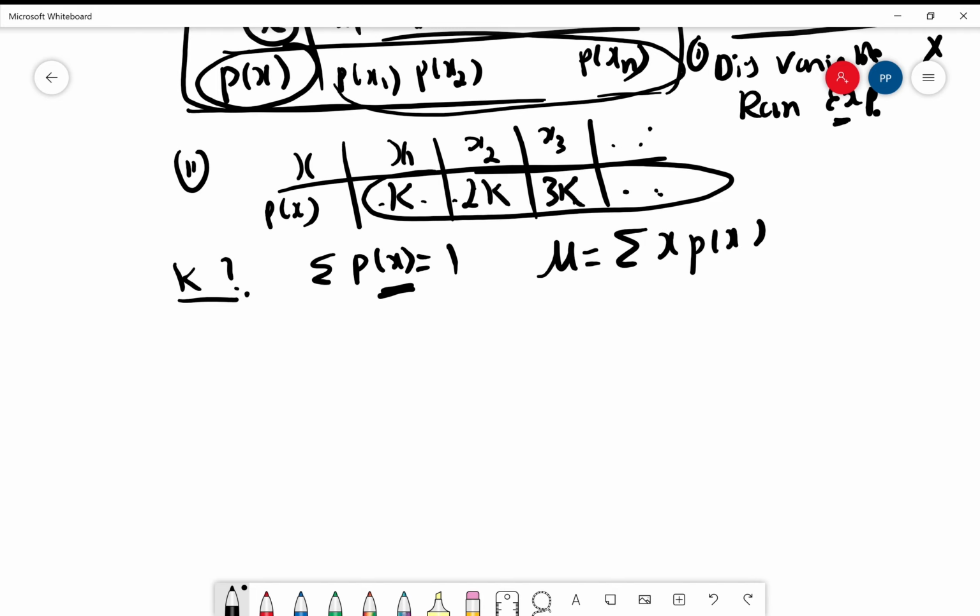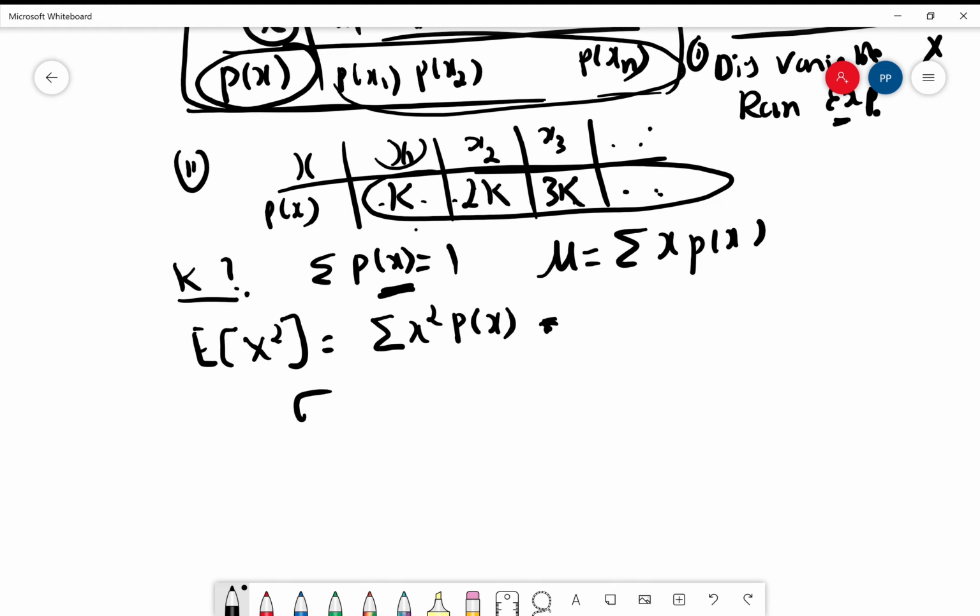Okay, that is the mean. Then find the expectation of x square, which equals sigma x square into p of x. That is, you square these values, multiply by the corresponding probability values, this square into this, this square into this, this square into this, this square into this, then take the sum.